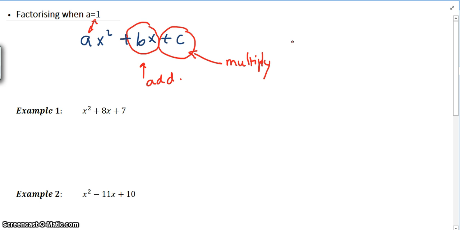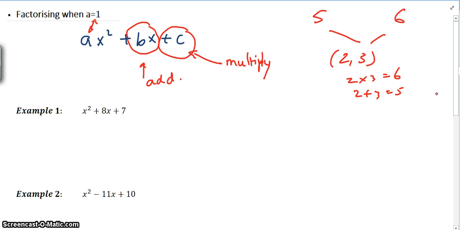So if I was going to ask you what two numbers would add up to give 5 but multiply to give 6, what two numbers would do that? If we look at 2 and 3, 2 times 3 equals 6, but 2 plus 3 equals 5.